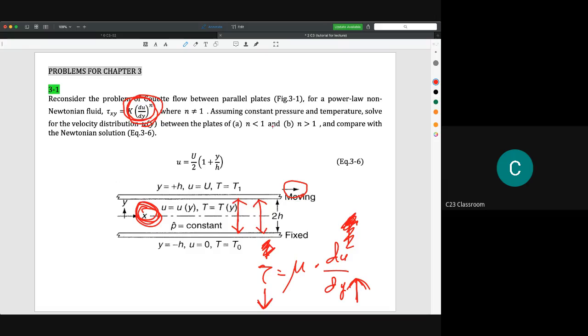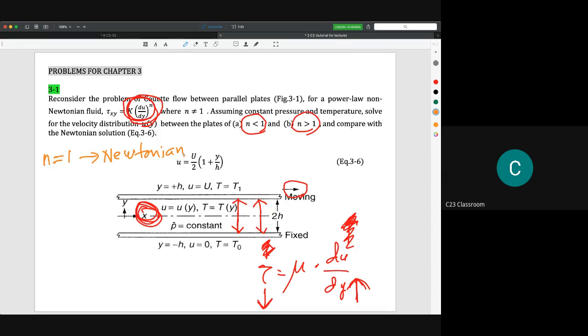So what is the meaning of n less than 1 and n greater than 1? I think you already know that previously in your undergraduate study. We have Newtonian fluid, and we have other fluids. I hope you could do some homework on this. If n is equal to 1, it reflects the Newtonian fluid.